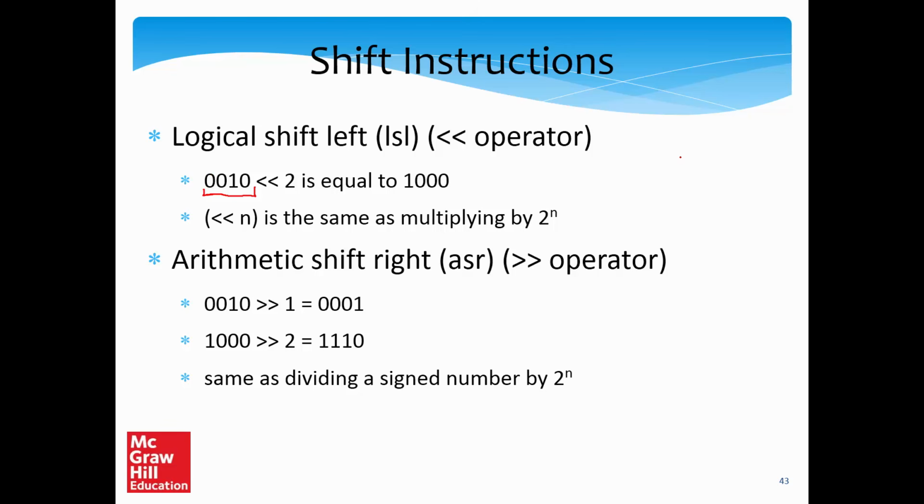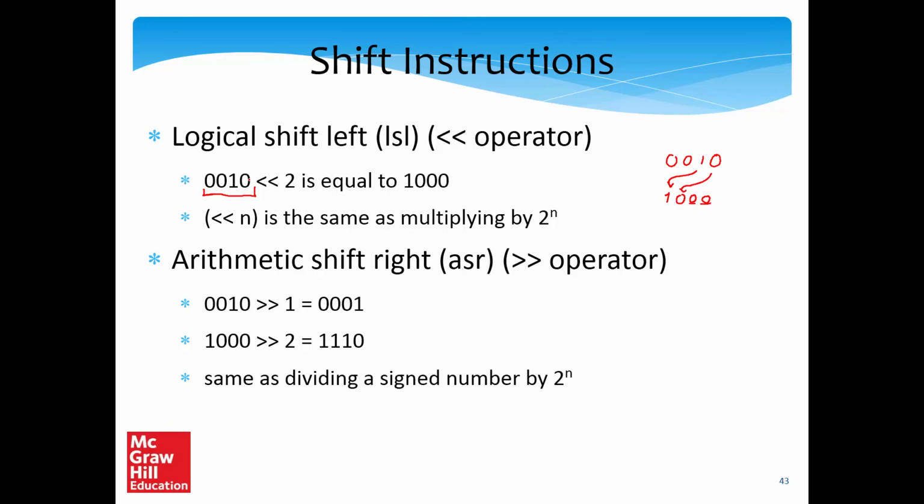So if 0010 is being left shifted by 2 positions, what will we have? The 1 will come over here, the 0 will come over here, and 2 new positions will be created. In this case, we just add 2 more zeros. So 0010 left shifted by 2 is equal to 1000.